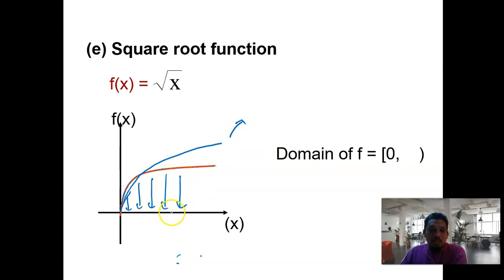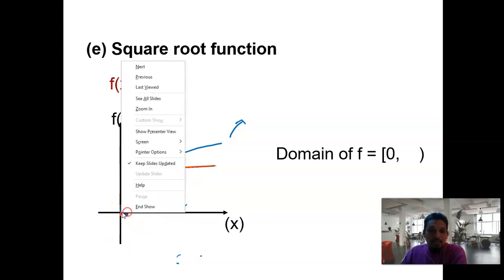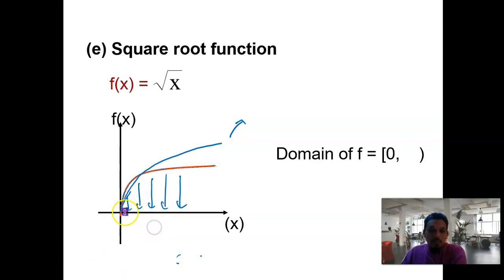If we refer to the x-axis, all the values of x on the right side are being used, substituted into the function, and there's a limit where x equal to 0, from 0 to positive infinity.